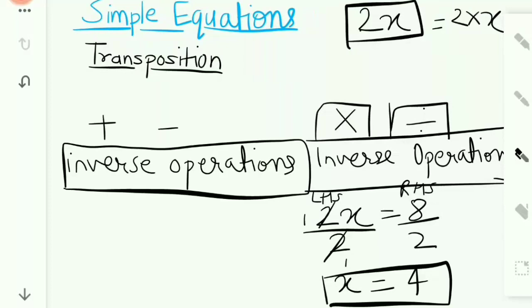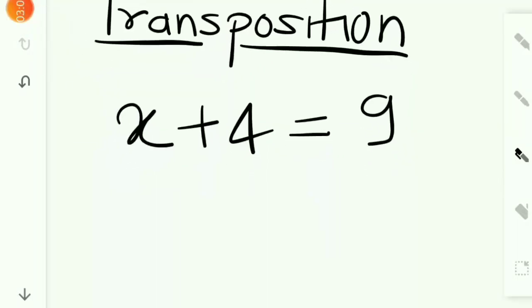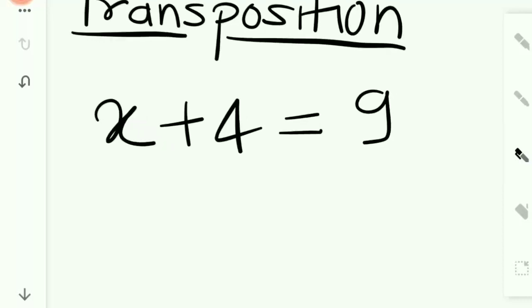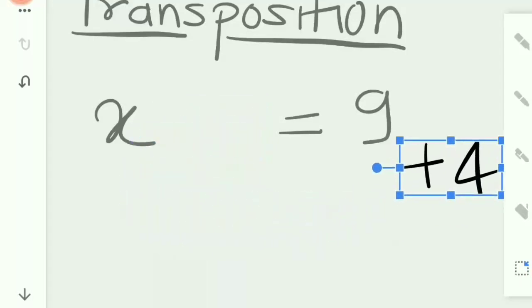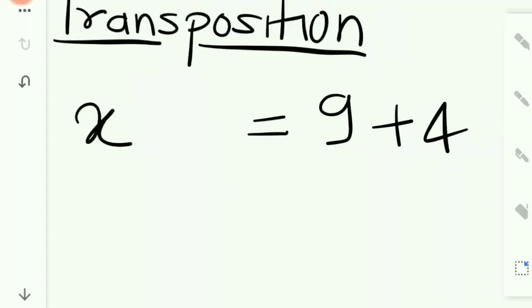So let's start with transposition now. Now this is our equation. In the systematic method, we just subtracted 4 from both sides and we would have gotten the answer. In transposition, we take this 4, lift it from LHS and put it on RHS.